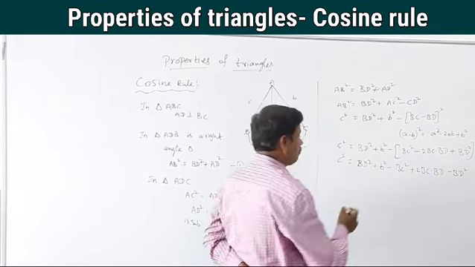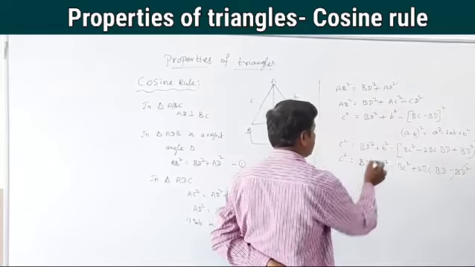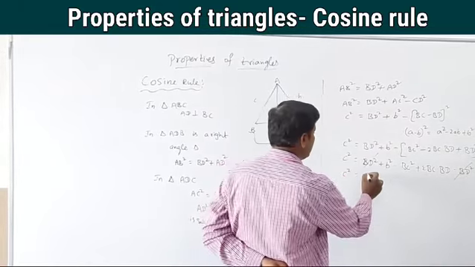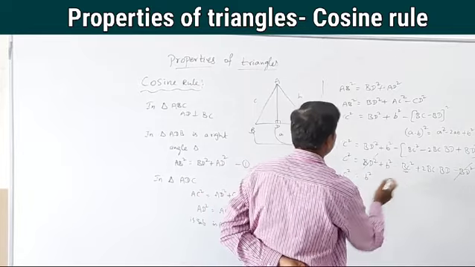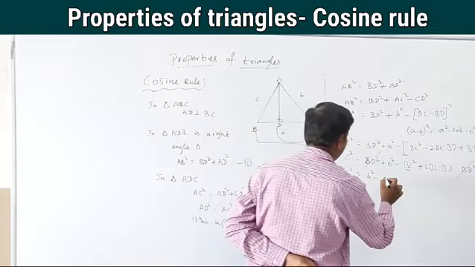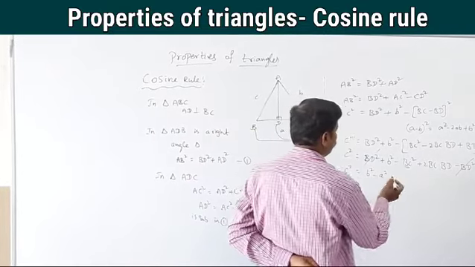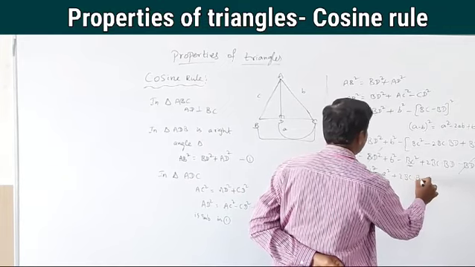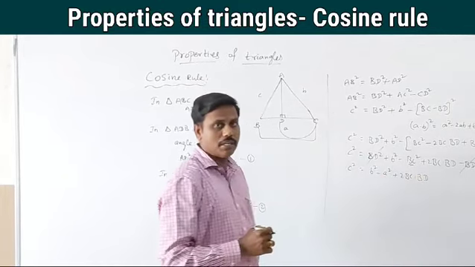Now simplify: minus BD square plus BD square gets cancelled. What are the remaining terms? b square, and BC is the length small a, so a square plus 2BC into BD.